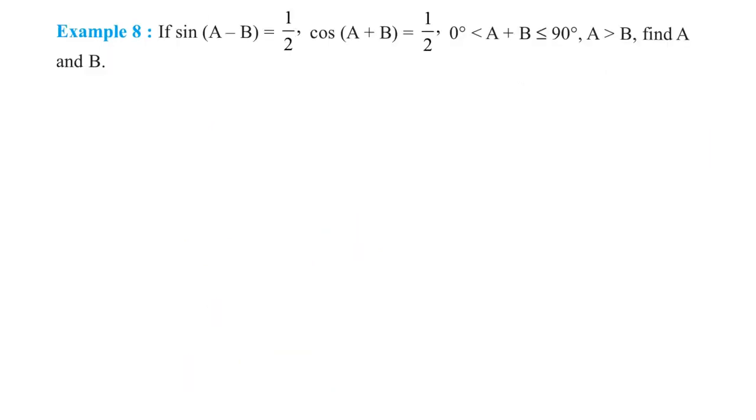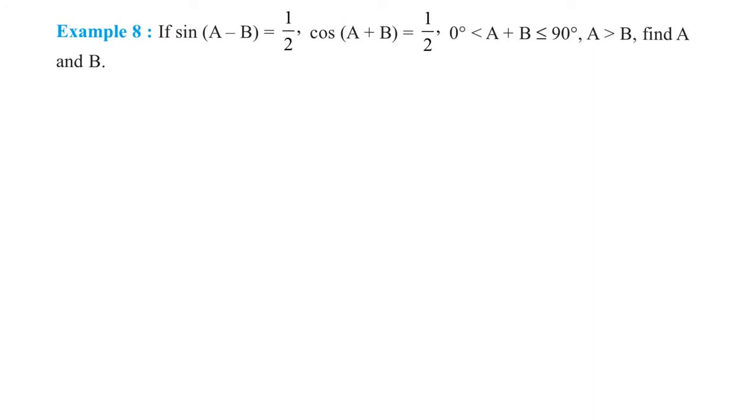Let's try this out. If sine A minus B is equal to half and cosine A plus B is equal to half, and A plus B is between 0 and 90 degrees, and A is greater than B, find A and B. Very simple.